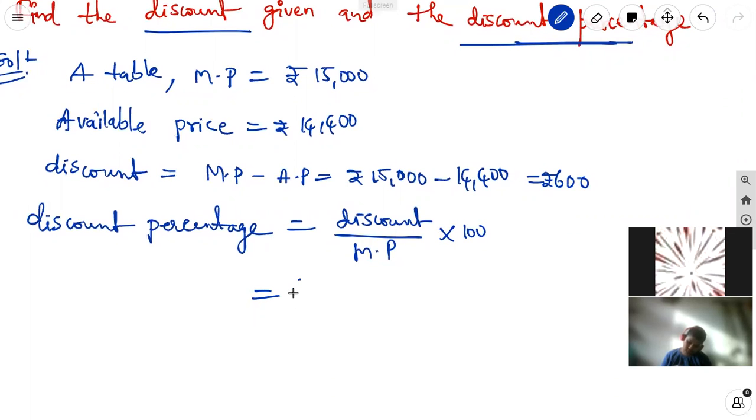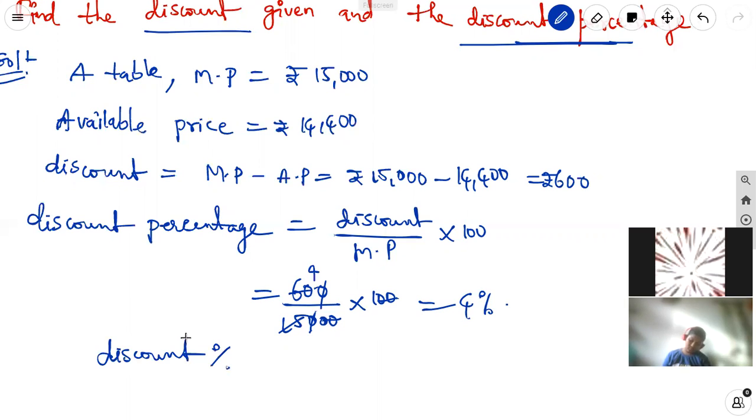Discount amount is 600. 600 by 15,000 into 100. Here two zeros cancel, 1 zero cancels. 15 ones are 15, 4s are 60. So 4% of the discount they are getting. So here the discount amount is 600 rupees, discount percentage is 4%. This is the way.